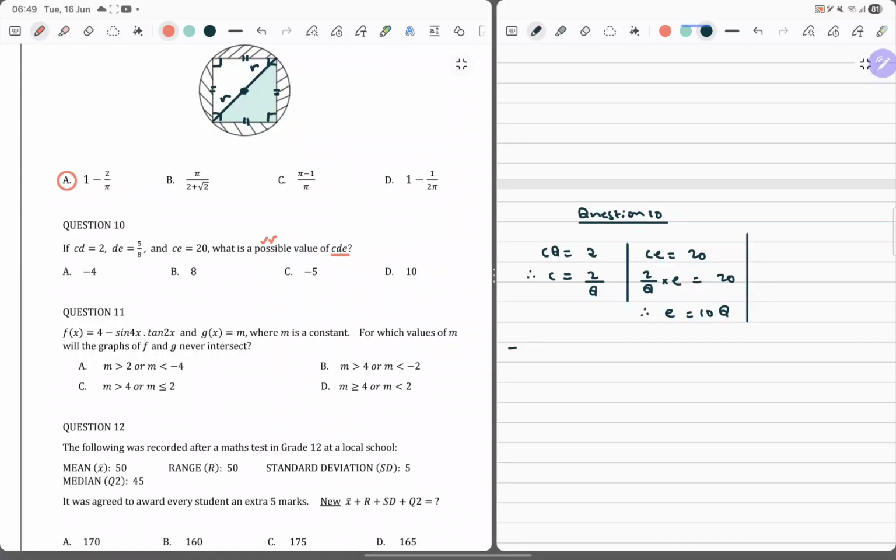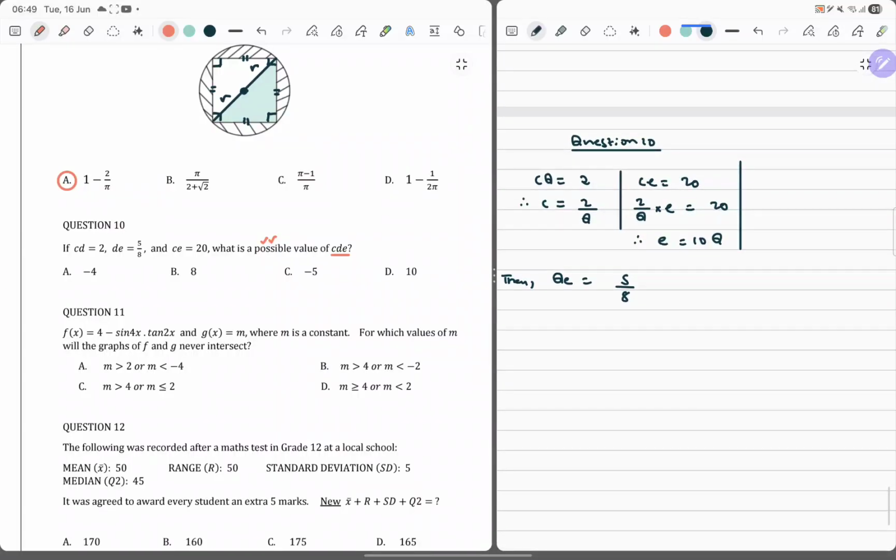We can say here then DE is equal to 5 over 8 implies, now let's see, D is just D, but E is 10D is equal to 5 over 8. Now this is going to be 10D squared is equal to 5 over 8, excuse me.